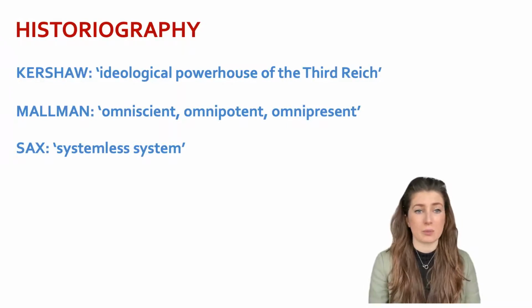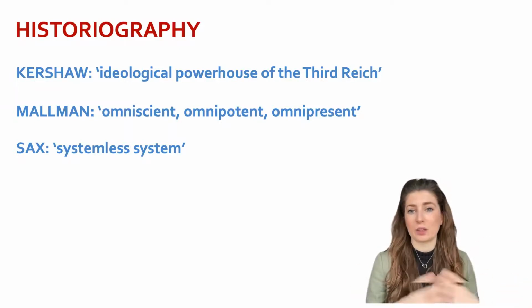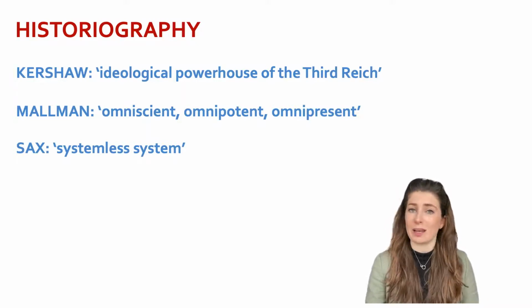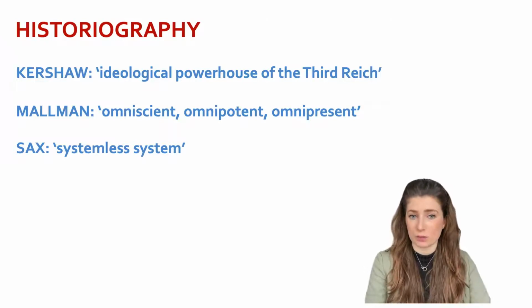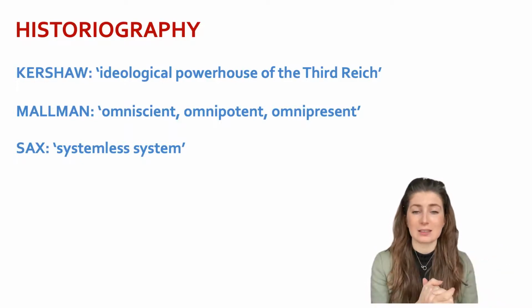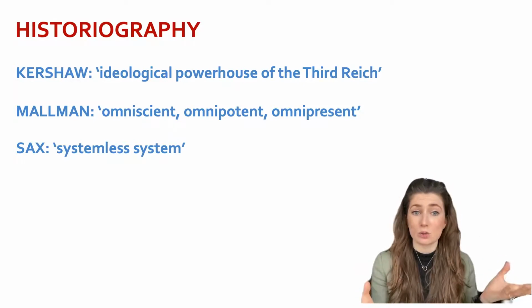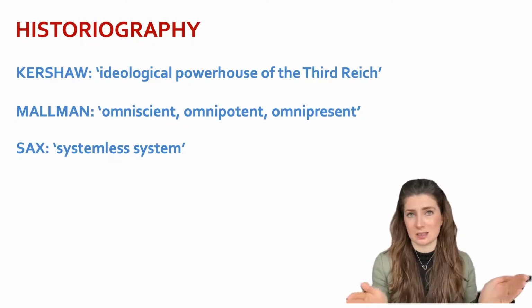Sachs also describes it as a systemless system. So some key thoughts. Originally, there was an image of the Nazi police state as a smooth, totalitarian regime dominated by Hitler. However, in recent years, this has been modified, and instead we need to realize it's a maze of overlapping bodies, as Sachs calls it, a systemless system.